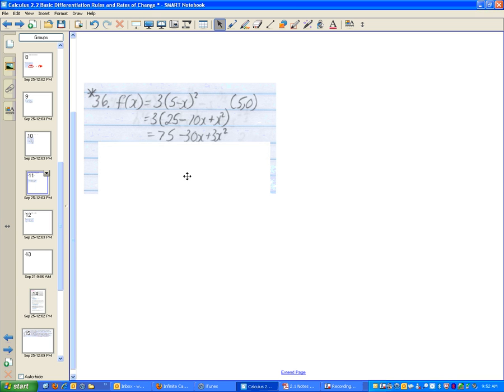So here we go. F prime of x equals the derivative of 75, which is 0. The derivative of a constant is 0. Then the derivative of negative 30x. Think of this as the constant multiple rule. It's negative 30 times whatever the derivative of x is, and the derivative of x is 1.